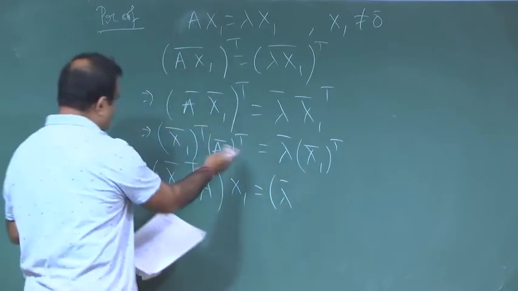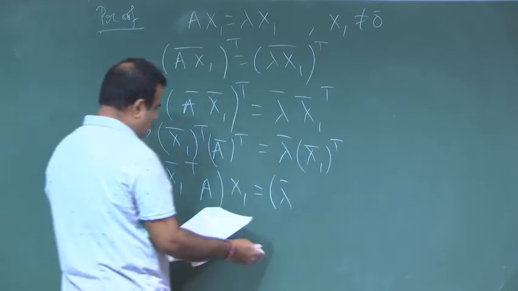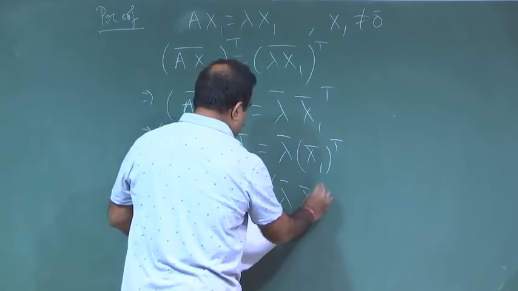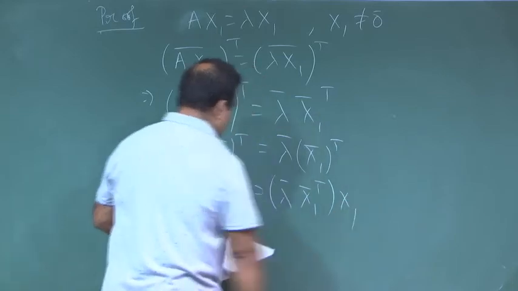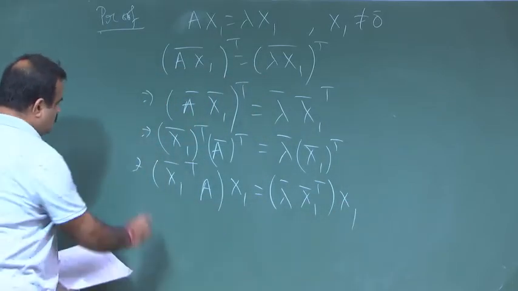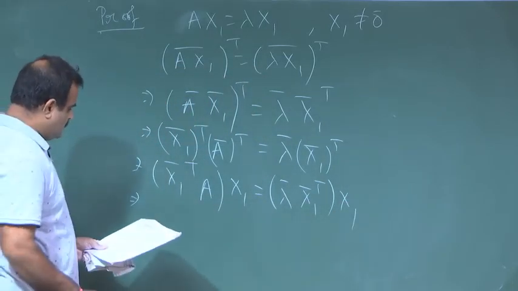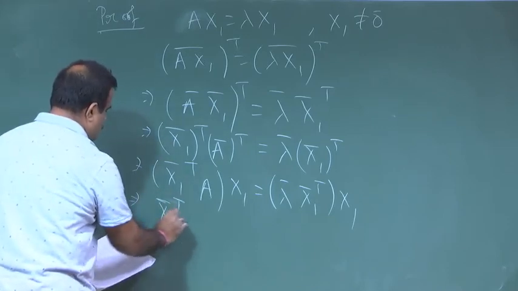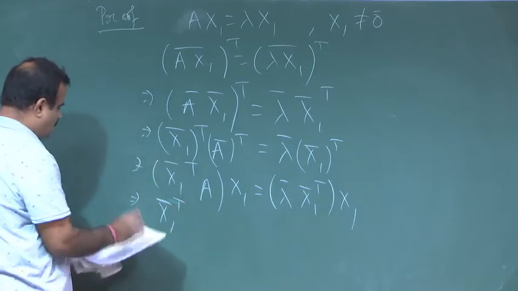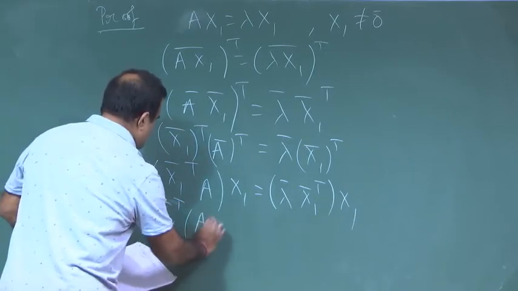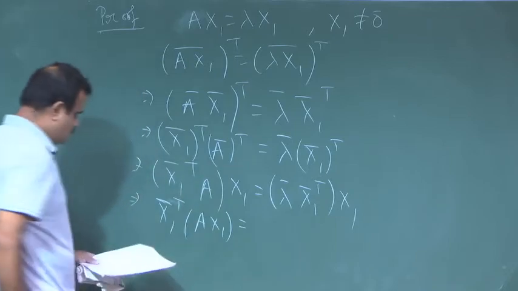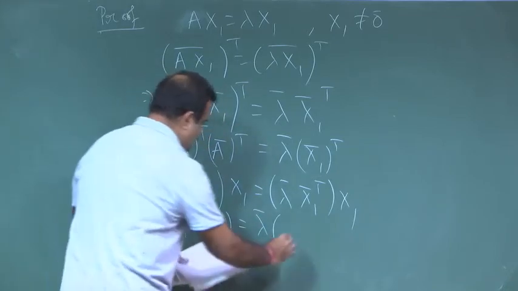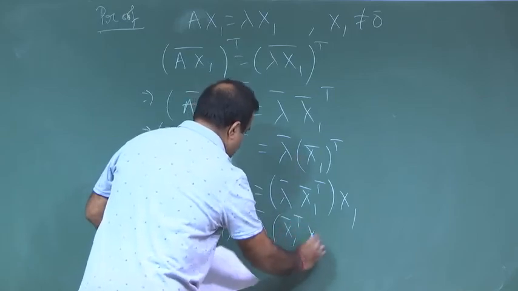We are just multiplying by x 1 on both sides, lambda bar x 1 transpose conjugate x 1. So, if we further simplify this, we have to be careful with the transpose and the bar. So, this is A x 1, because the associativity property is there, x 1 bar transpose x 1.